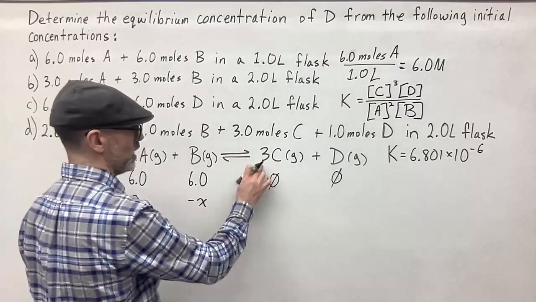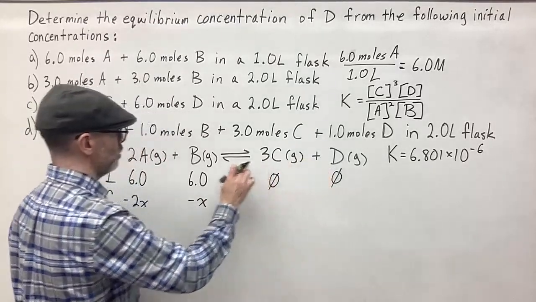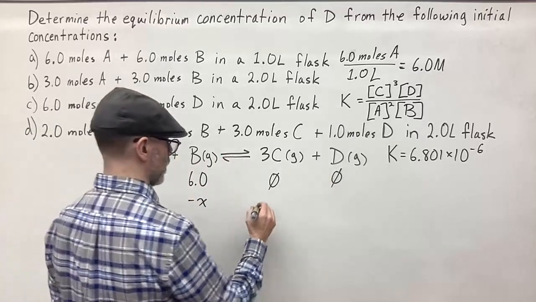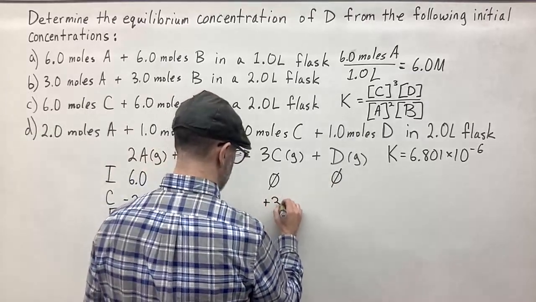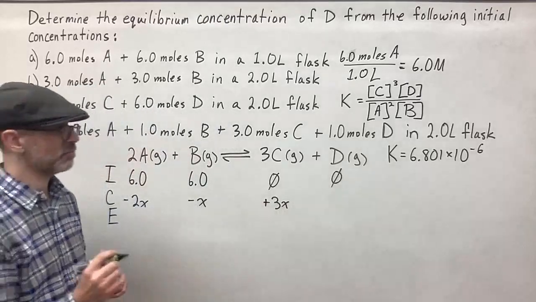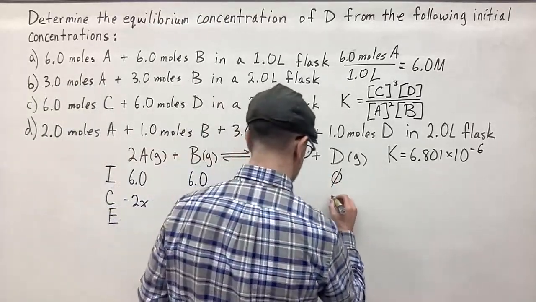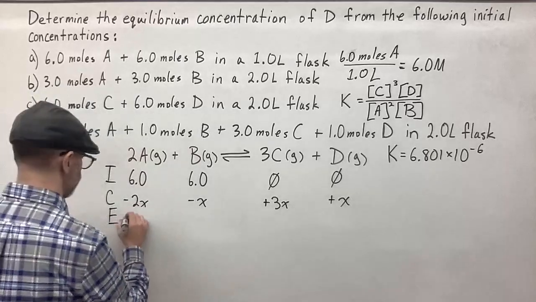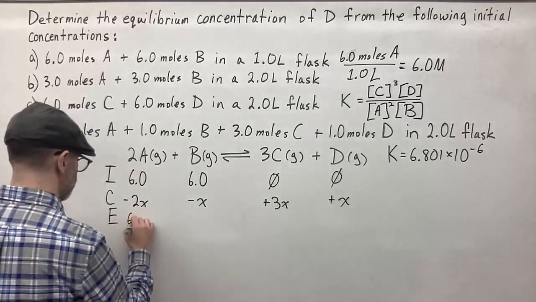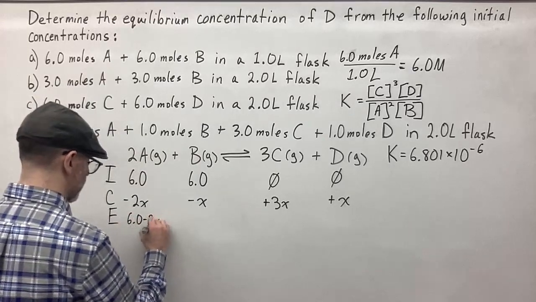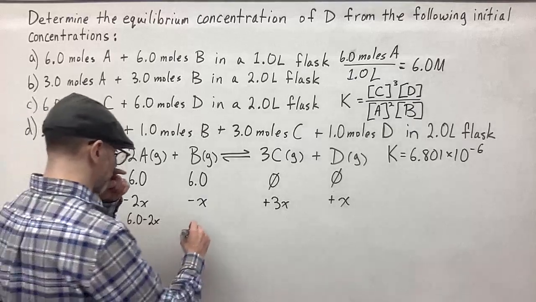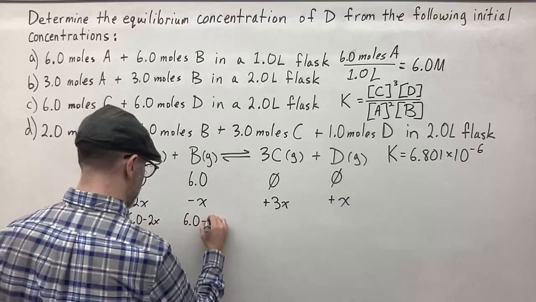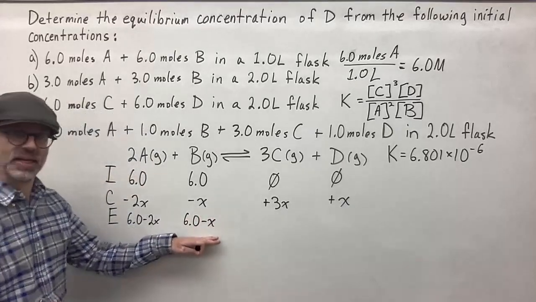This is a 3-to-1 ratio, and so if we're going to lose an x amount here, that means we're going to gain a 3x amount there, and then we're going to gain a 1x amount here. So we're going to just put x there. We add this together, and we get 6.0 minus 2x for the concentration of A at equilibrium. We get 6.0 minus x for the concentration of B at equilibrium.